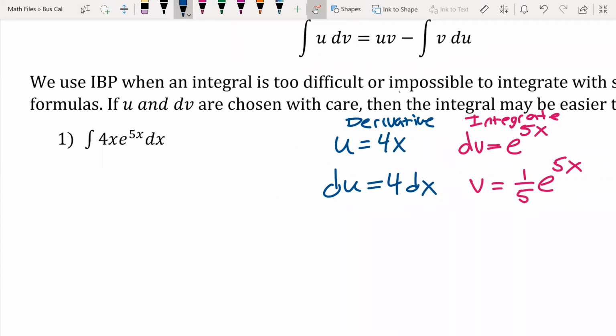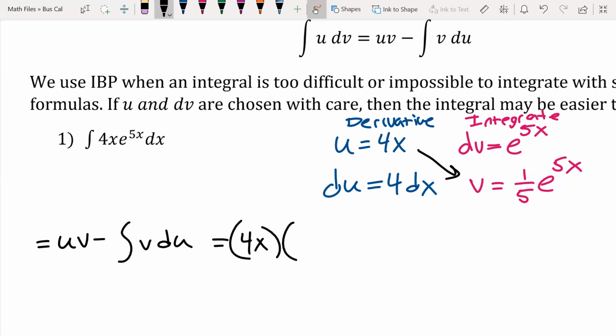Okay, and I'll even write it out. So this becomes uv minus the integral of v du. And now match everything up. You're going to get u times v, 4x times 1/5 e to the 5x, minus the integral of v times du. So v times du.